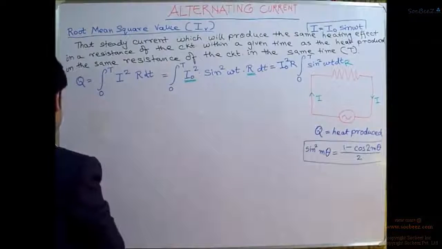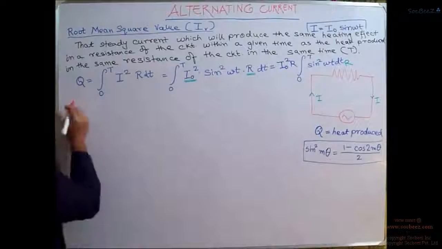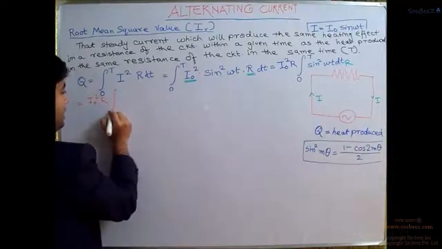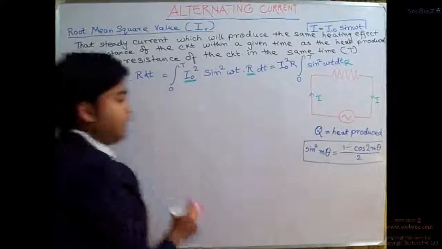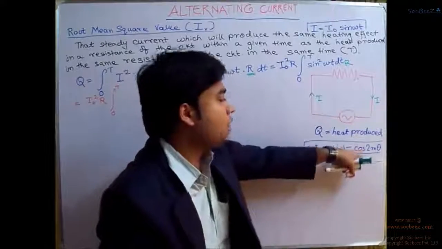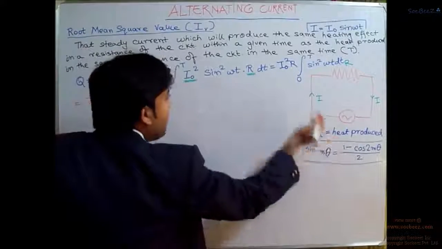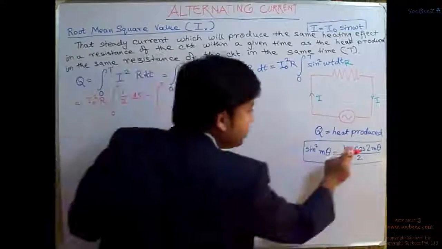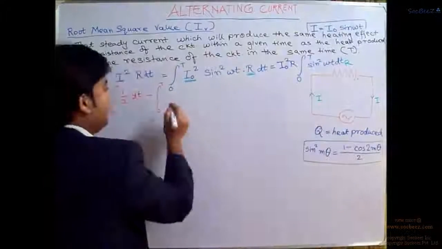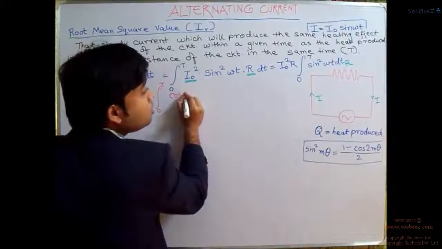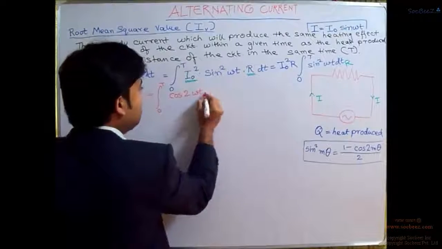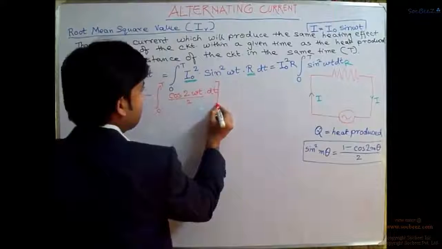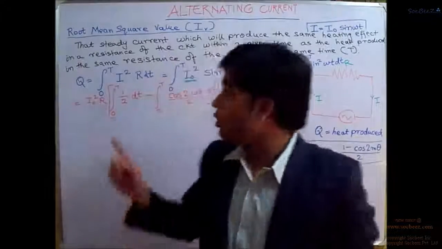This will come out to be equal to I naught square R, integration from 0 to T, and we can write it as 1 by 2 dt minus again the integration from 0 to T of cos 2 omega t dt, divided by 2, and this will be inside this whole bracket, multiplied by I naught square R.